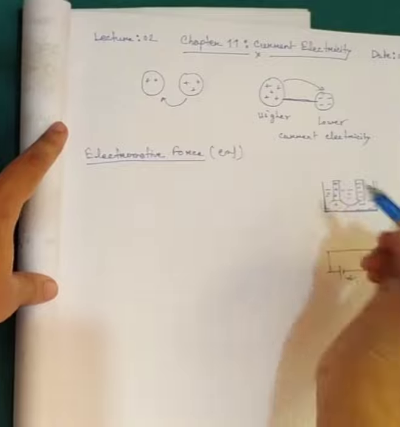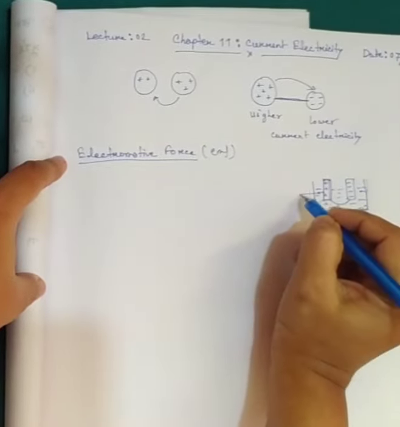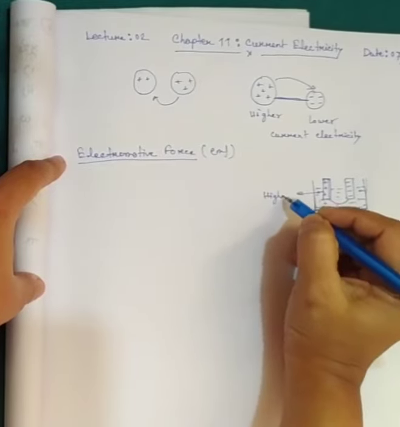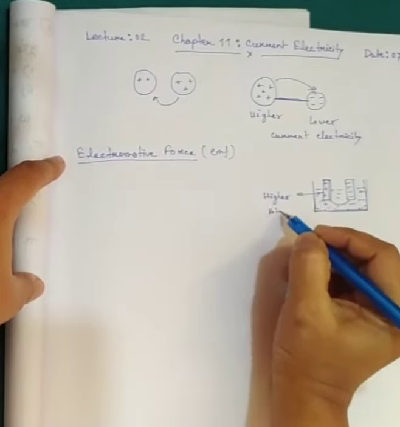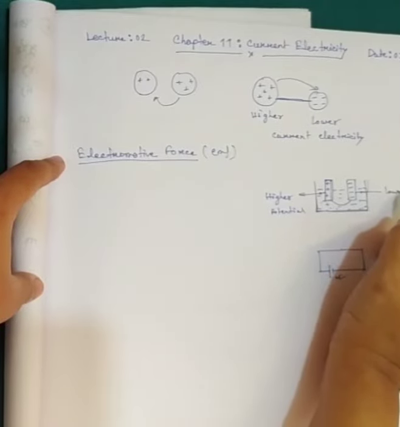As we know, the positive end has higher potential, and the negative end has lower potential.